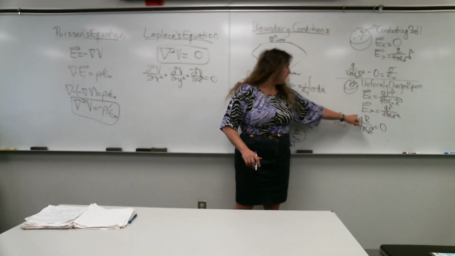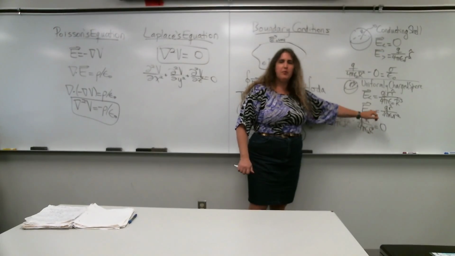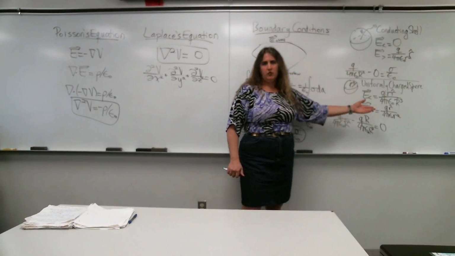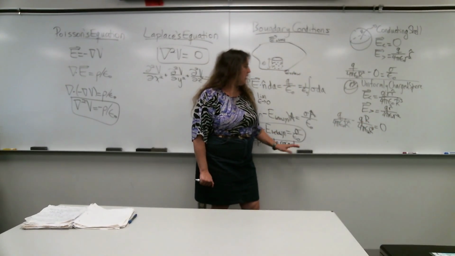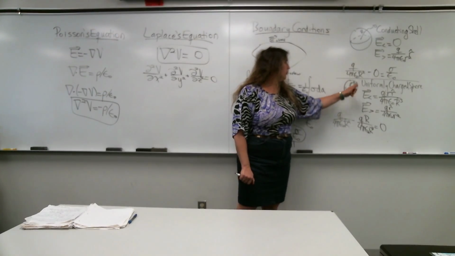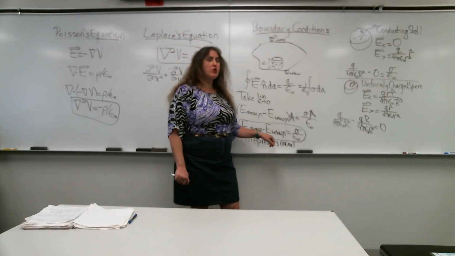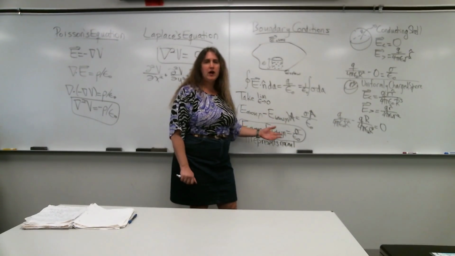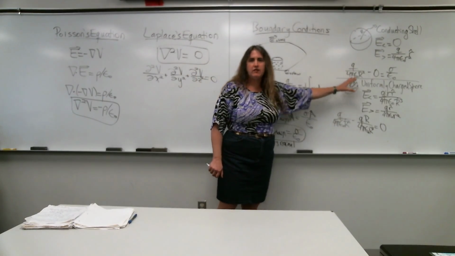My second term gives me Q over 4 pi epsilon naught big R over big R cubed, which gives me 1 over big R squared, and that vanishes. So for a uniformly charged sphere, I have no discontinuity in the electric field. Why? Because there's no surface charge density here.